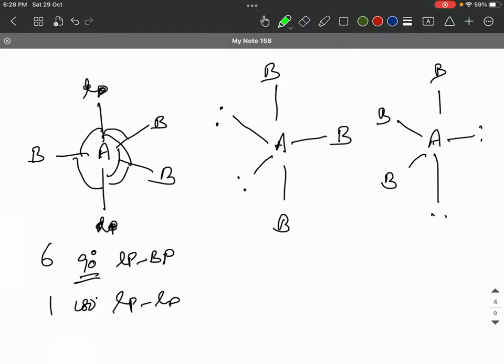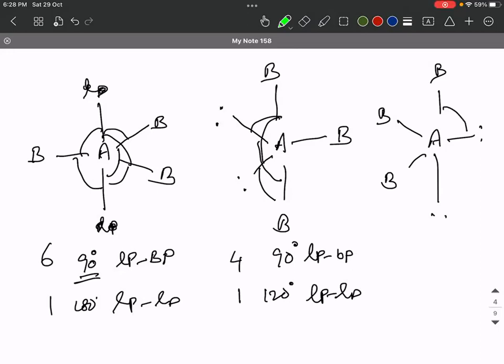If you are coming over here, 1, 2, 3, 4, so 4 90-degree lone pair-bond pair repulsions, and a 120-degree lone pair repulsion.